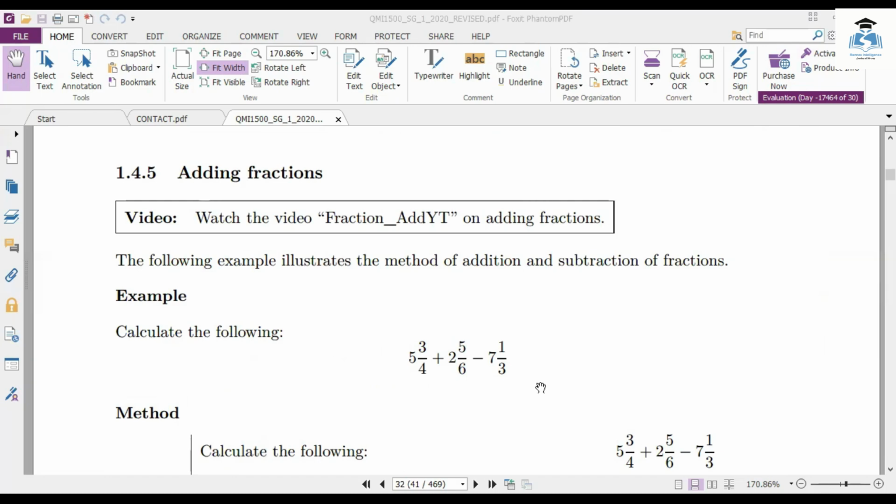So 5, my key, 3 over 4, my arrow, plus 2, shift, then 5 over 6, minus 7, 1 over 3.